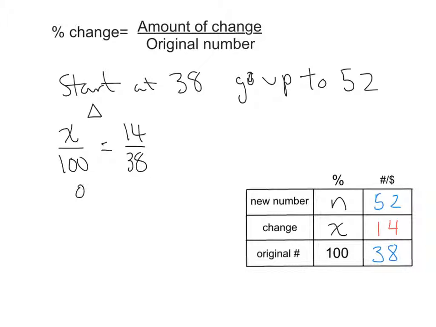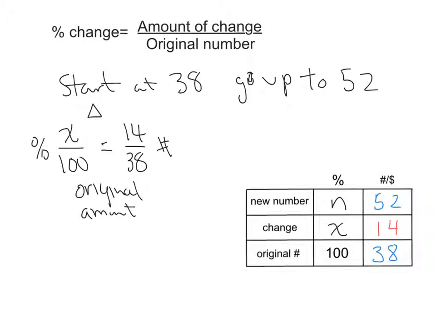And down below is the original amount or number. And on the left side we're looking at the percent, and on the right side we're looking at the number. So x is the percent change if we can solve this proportion.